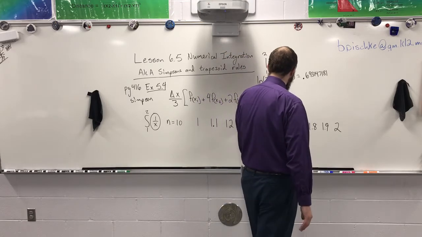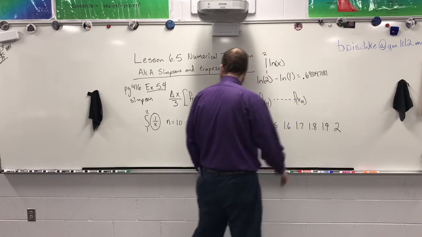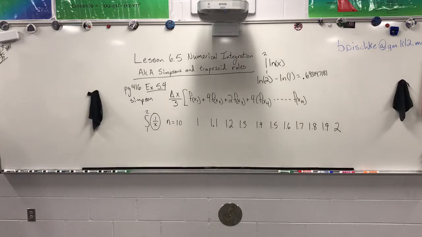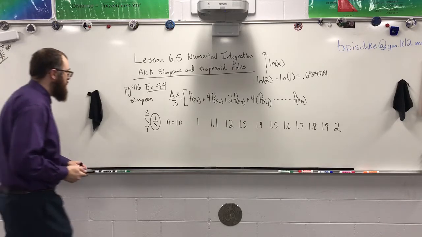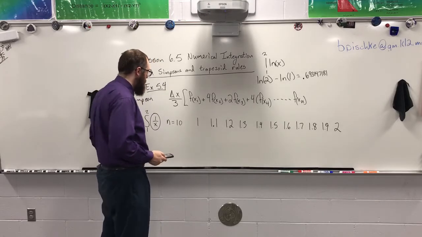I should have kept that stuff in the bottom. That was silly of me. I screwed up with the fact that I should have kept my fractions, but it's fine. I kept my numbers up top.